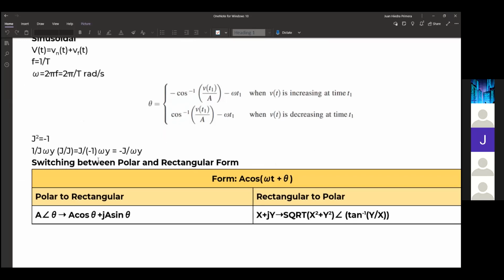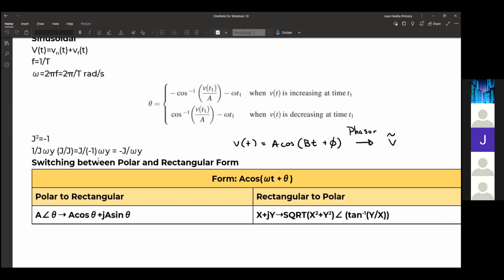For a phasor, if you have a function of the form, say v of t is equal to A cosine of b t plus phi, if you're going to turn this into a phasor, we usually use a little squiggly line on top of the variable to indicate that it's a phasor.